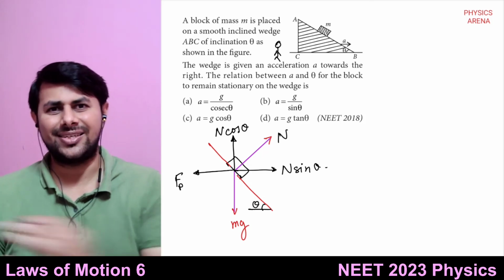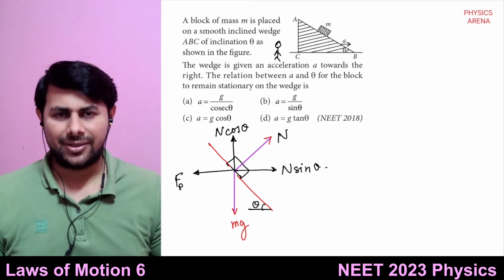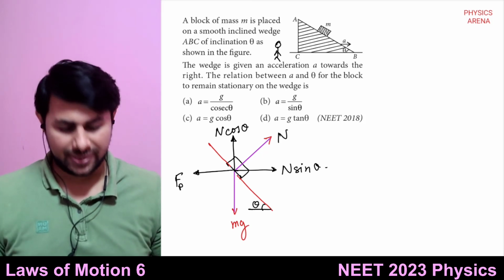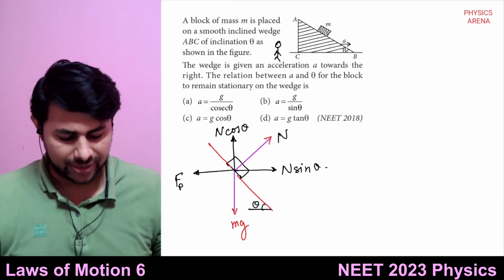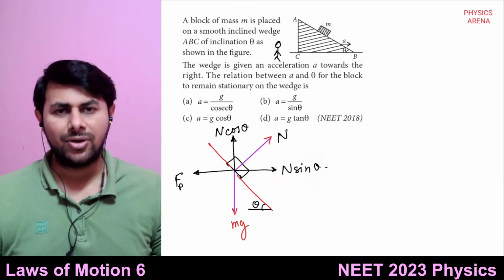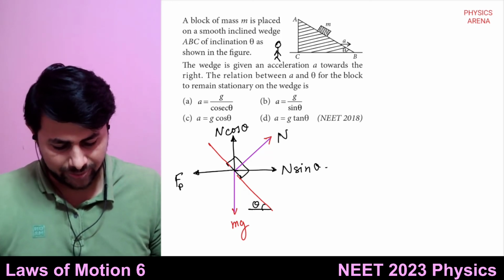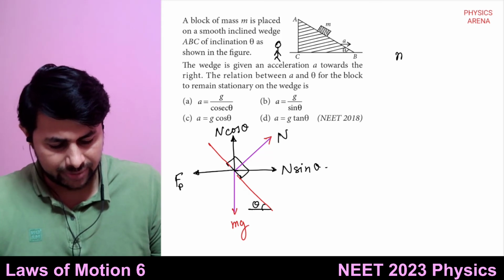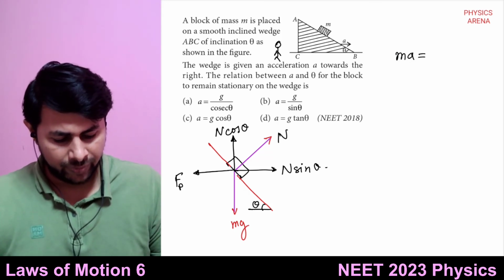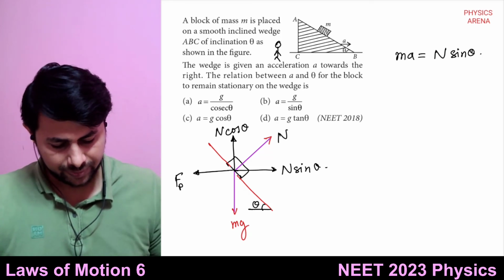The world is accelerating in the opposite direction. So why am I at rest? It's because the pseudo force is balanced by this component of the normal reaction. Okay, so again you get the same set of equations. So the pseudo force is how much? It is mass multiplied by acceleration, and it is equal to n sin theta.